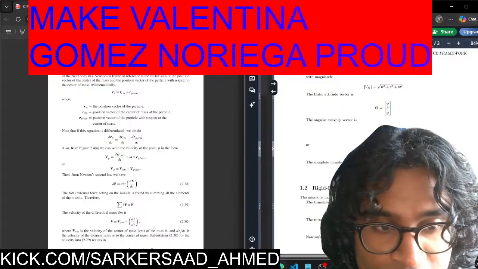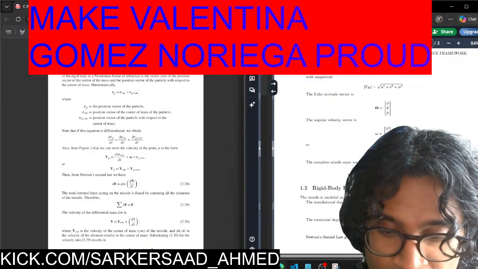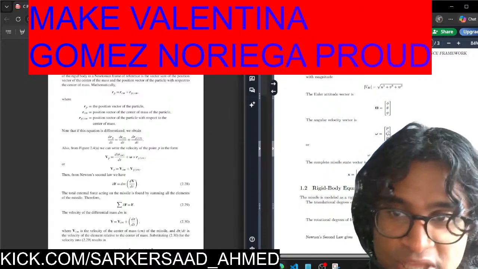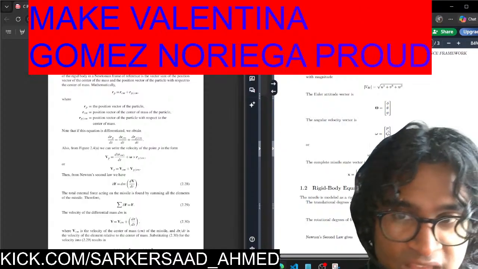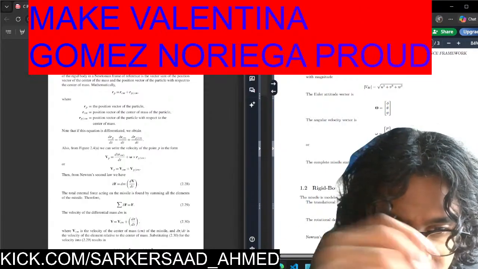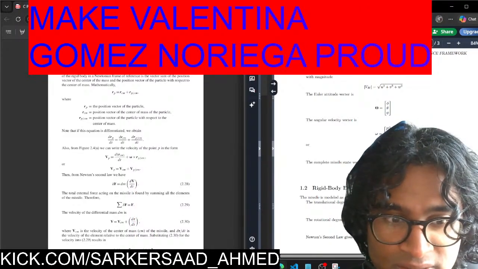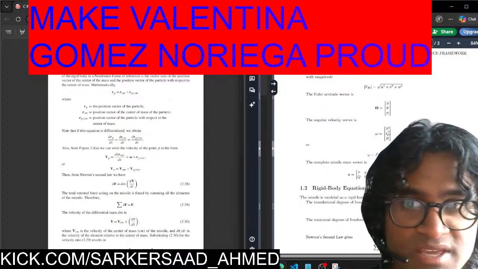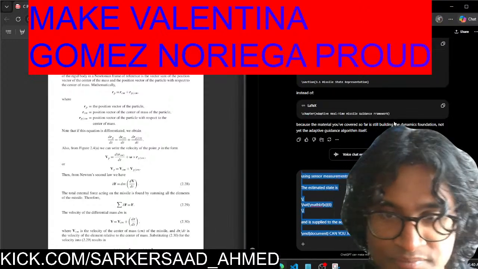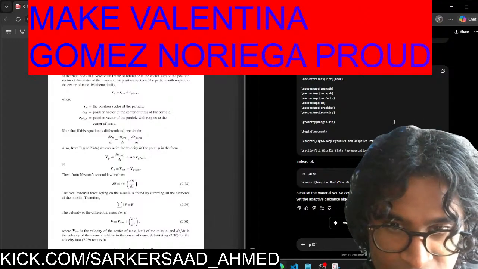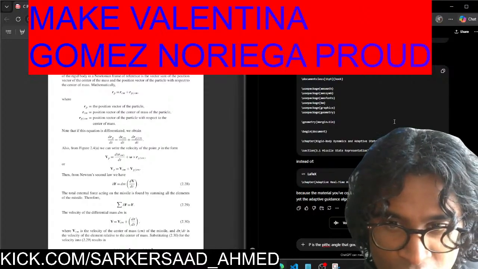So PQR, P is the angular velocity in correlation to the rotational angle. Q is the angular velocity in correlation to the side slip angle. Actually, which one is P? P is the pitch angle, the one that goes up and down.